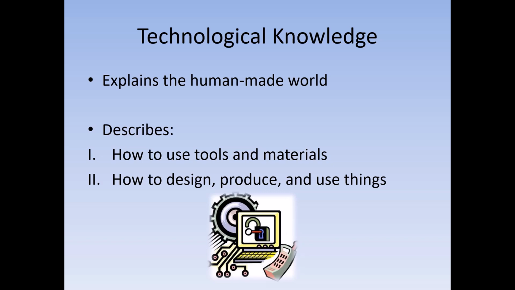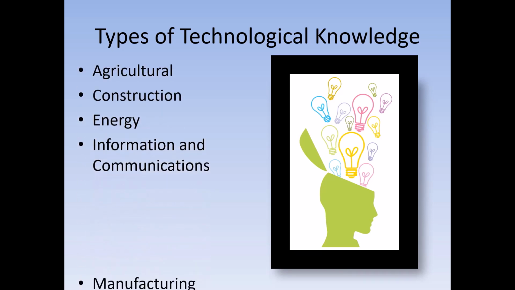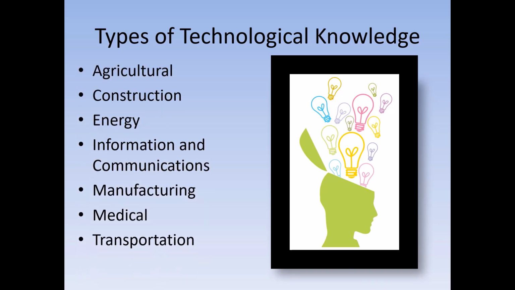Now, within technological knowledge, and again, I want you to maybe indent a little bit, we want to talk about the 7 types of technological knowledge. And again, I'm going to put all these up here. But what I want you to do is leave some spaces in between each of these, because we're going to define them next.